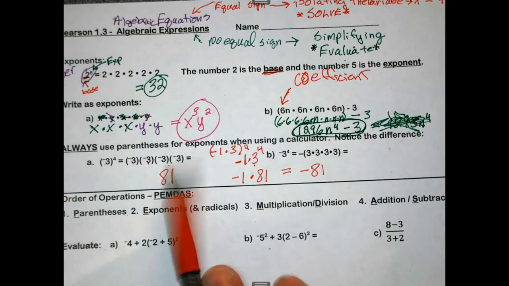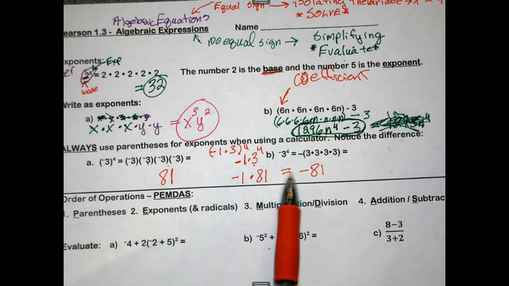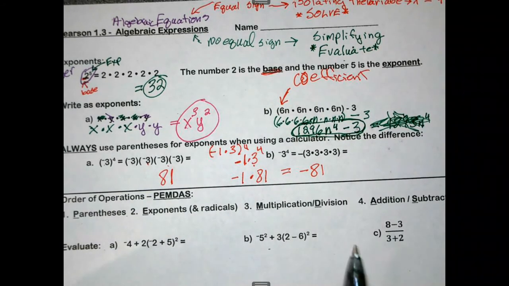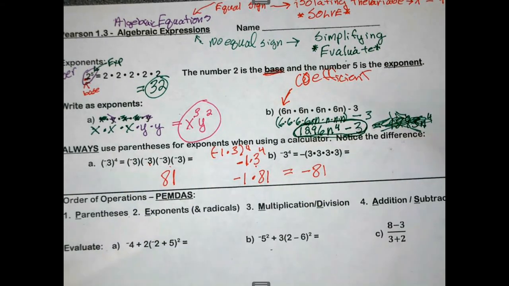Now, it's okay for this problem. Well, it's not okay, but it's not such a big mistake because it's just a sign change. But when there's other operations or it's in the middle of a problem, it can really mess you up bad. So be careful, especially when you have a negative number raised to a power.